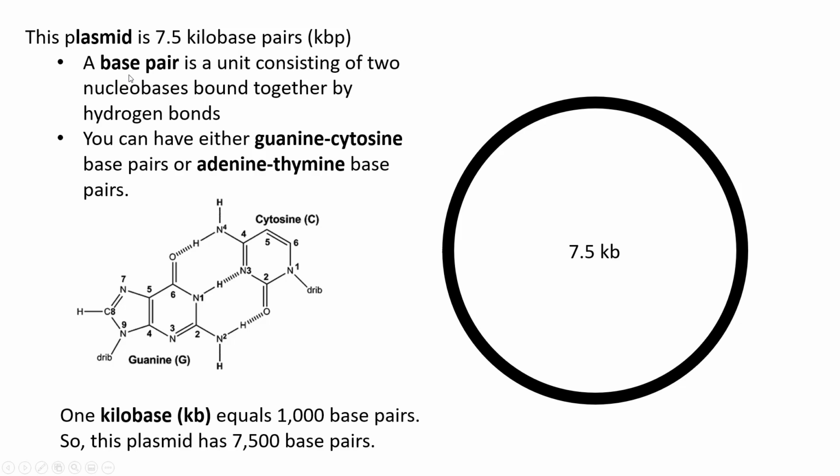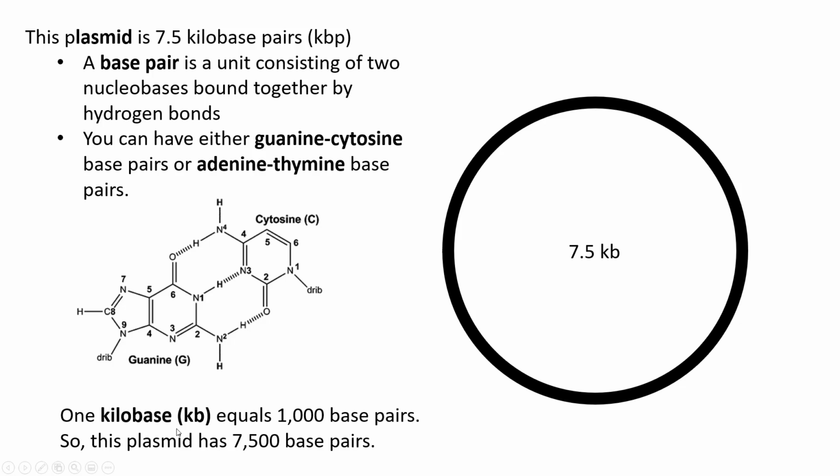Remember, a base pair is a unit consisting of two nucleobases bound together by hydrogen bonds. You can either have a guanine-cytosine base pair, like I've shown in this figure, or you could have adenine-thymine base pairs. So what's a kilobase?